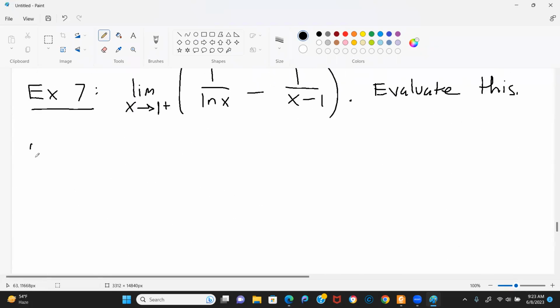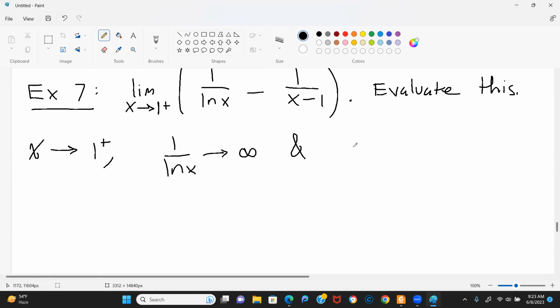First of all, as x goes to 1 from the right, 1 over ln x goes to infinity, because when x goes to 1, ln x goes to 0. In fact, it's continuous at 1, so you can plug in 1 and get 0. And so 1 over it will go to infinity.